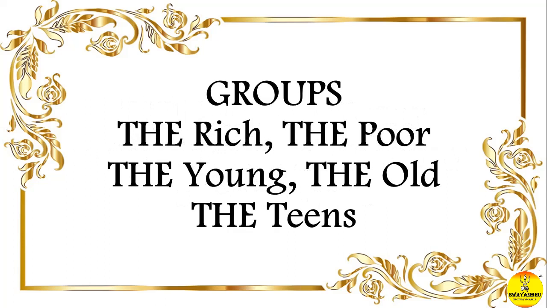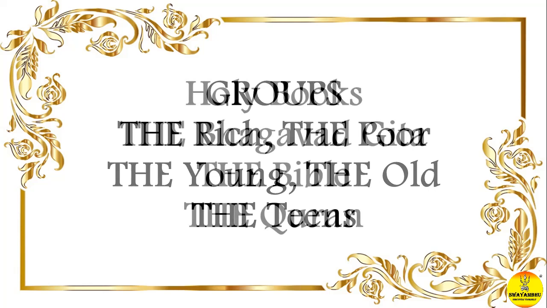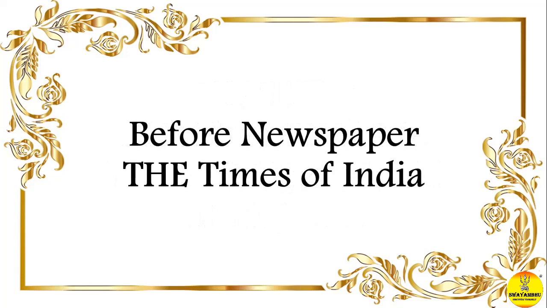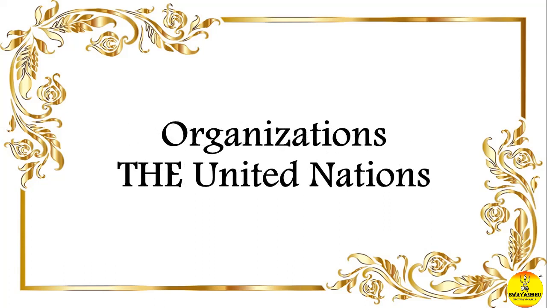When we talk about groups, the rich, the poor, the young, the old, the teens. Holy books, the Bhagavad Gita, the Bible, the Quran. Before newspapers, the Times of India. Organizations, the United Nations.